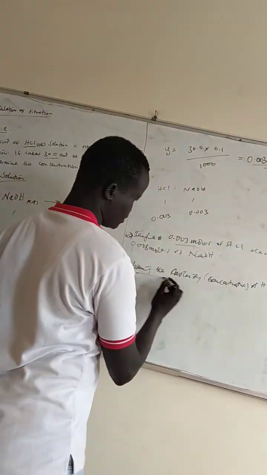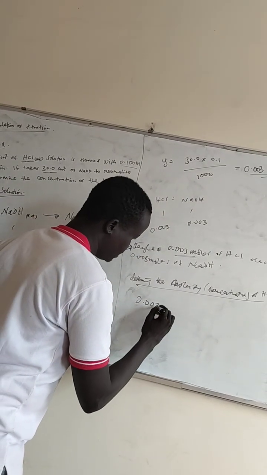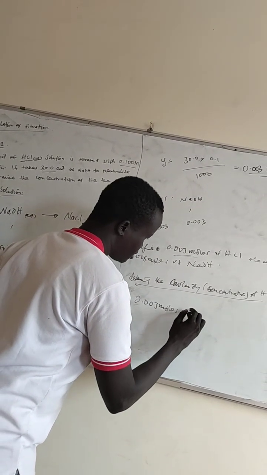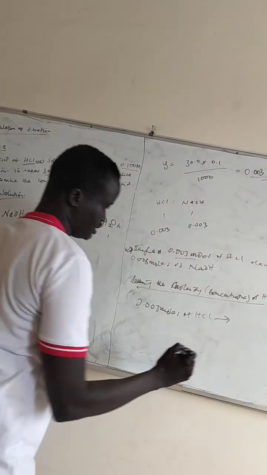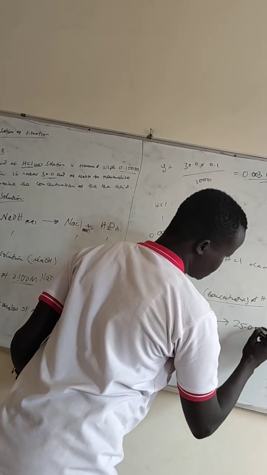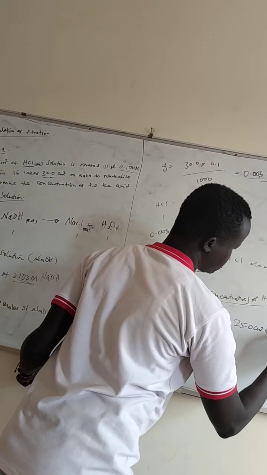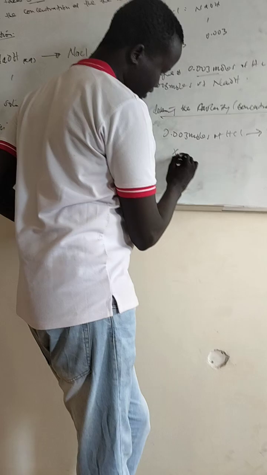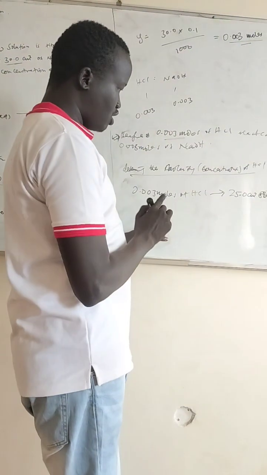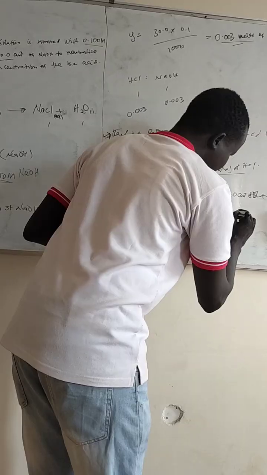How do you determine the concentration of HCl? From here, we have 0.003 moles of HCl contained in this volume, which is 25.0 centimeter cube of solution. Now, how about the X moles that will be contained in 1000? This is now the molarity.